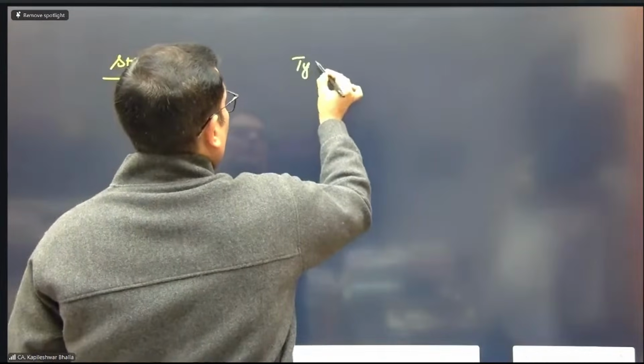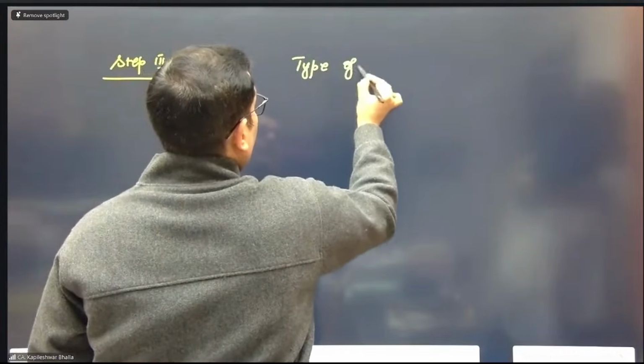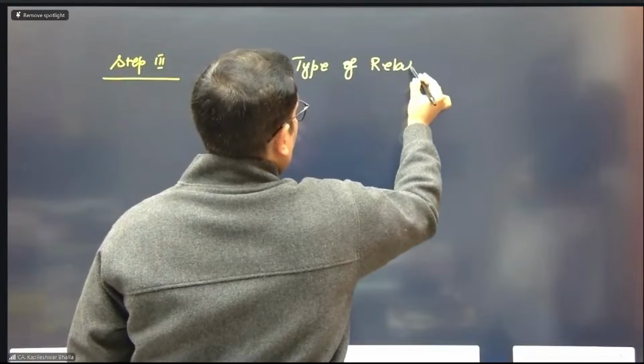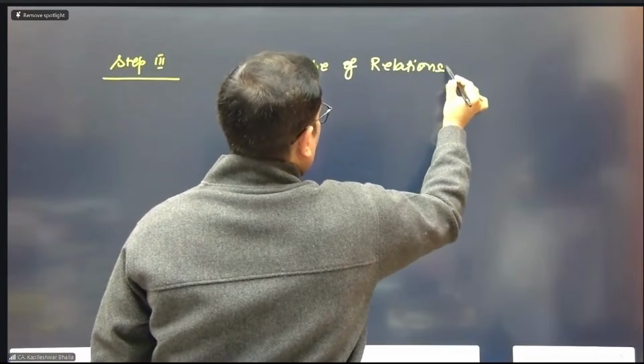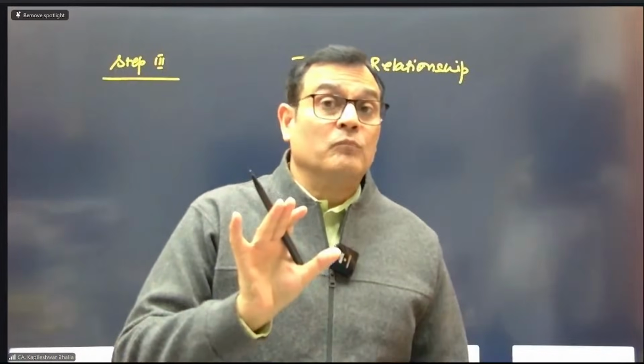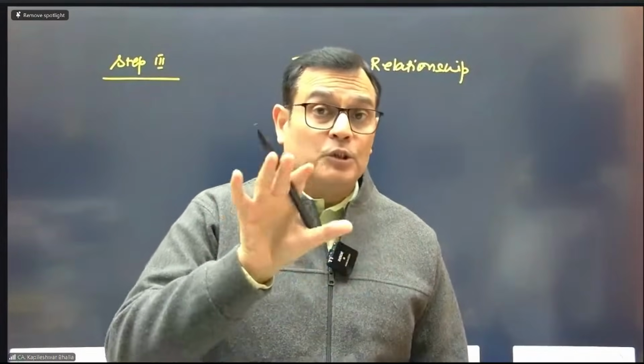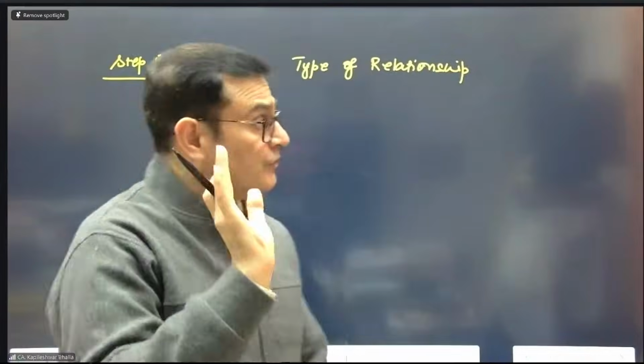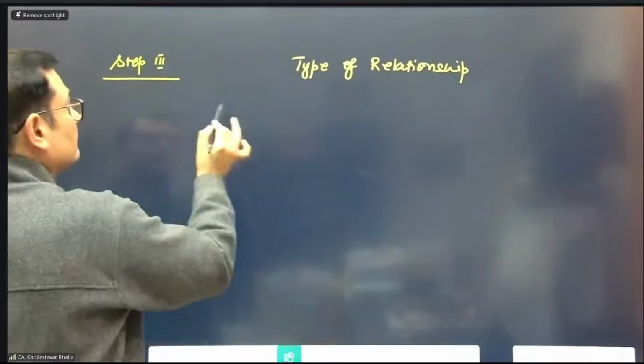In terms of step number 3, you can look into the type of relationship. I'm not saying that this is an exhaustive list of relationships, but in most of the questions, you'll see they more or less fall into these 3 kinds of relationship.